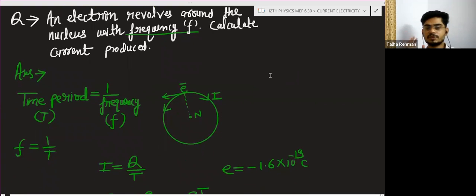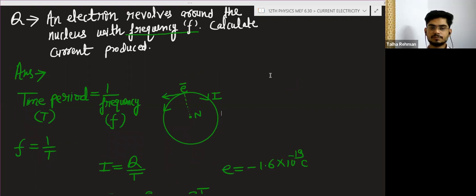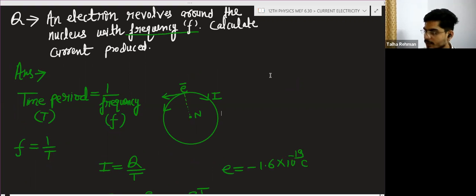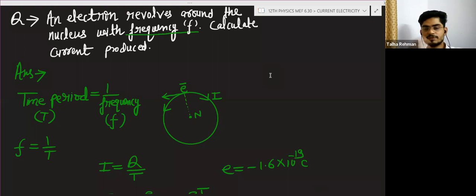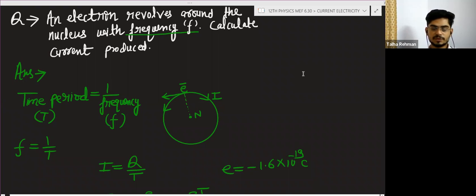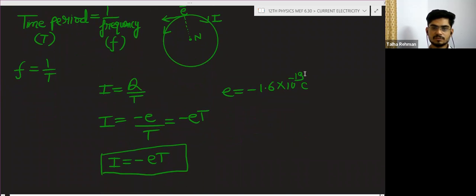These kinds of questions you can get in examination. Current is equal to charge. You have to take the value of charge on electron. For the time, you have to take the time period, and time period is 1 upon frequency. So this negative sign shows that the direction of current is opposite to that of motion of electron. If electron is moving anti-clockwise, then direction of current is clockwise.